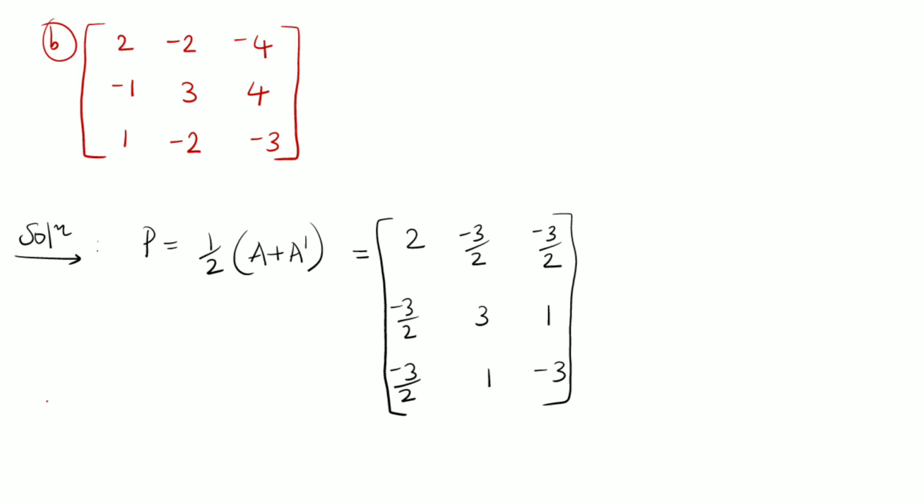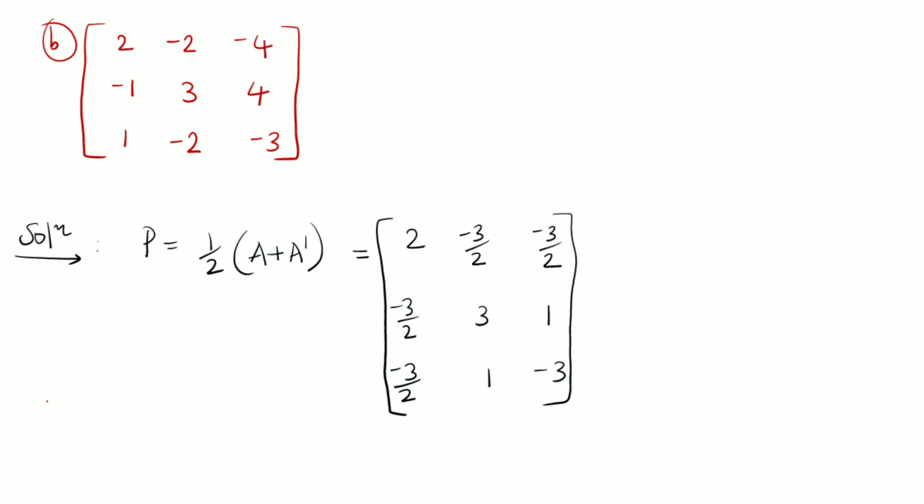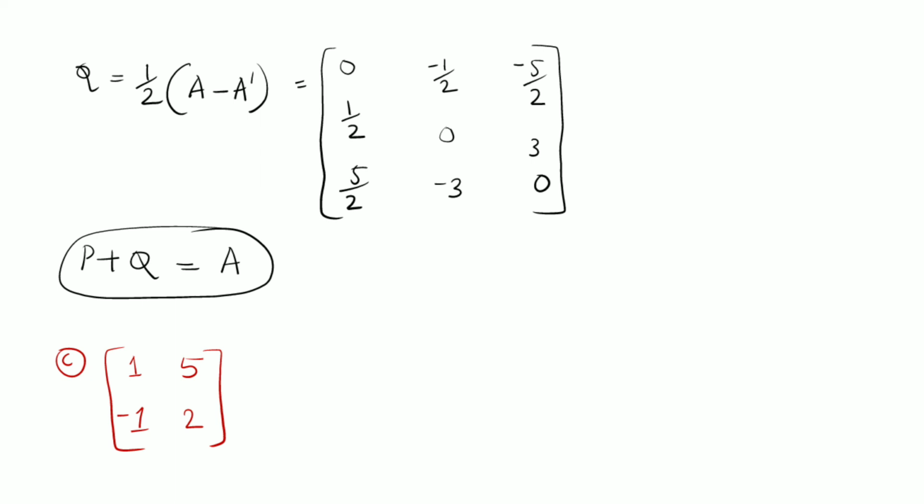This is the answer for P. And similarly, the answer for Q. You got this matrix: 0, minus 1 by 2, minus 5 by 2, 1 by 2, 0, 3, 5 by 2, minus 3, 0 as Q. Then you have to add this matrix and this matrix. I have written it in p by q form, or you can write it in decimal form also. Okay. And you have to add these two matrices and check whether the answer you are getting is the question itself.